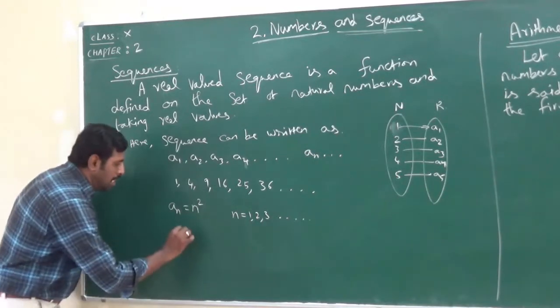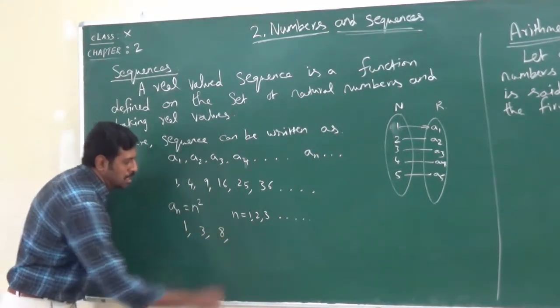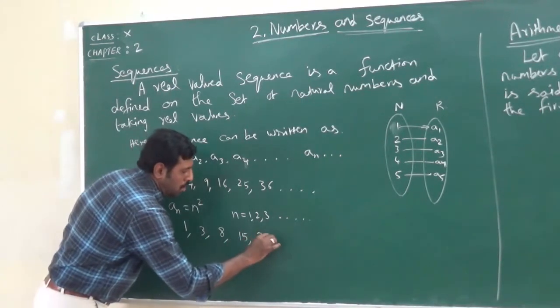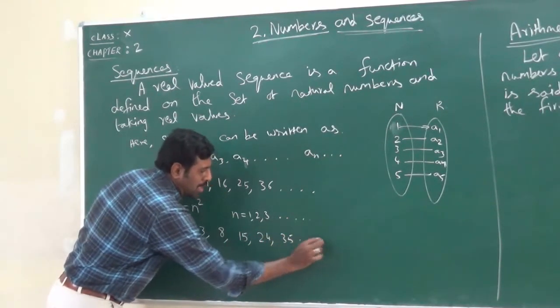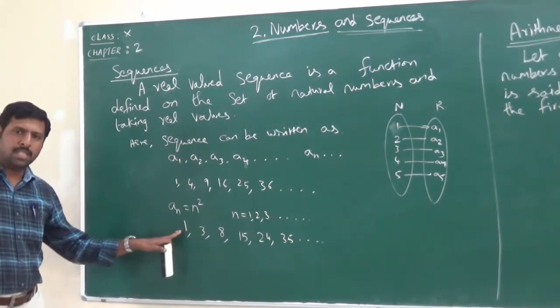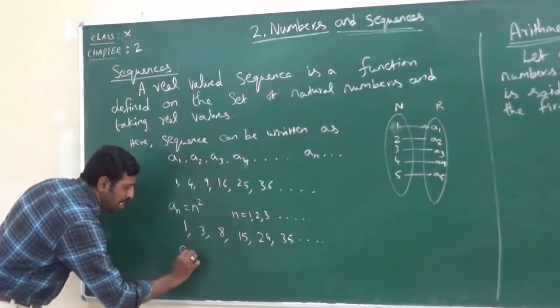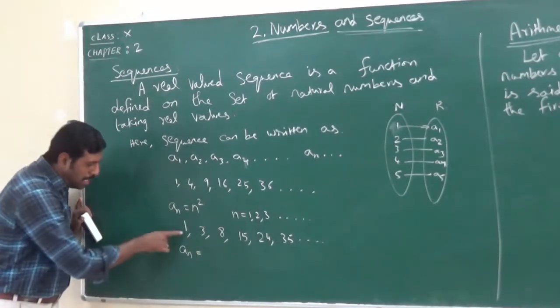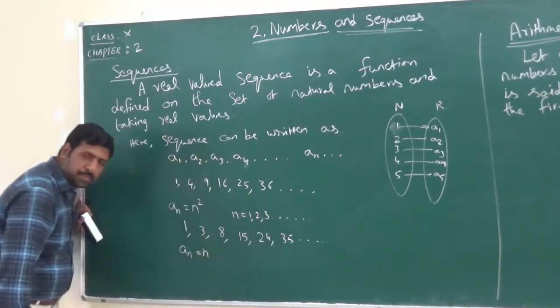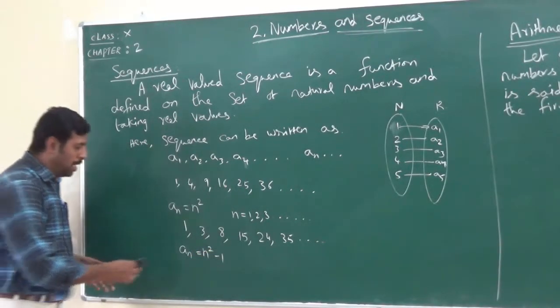Then we have taken another sequence: 1, 3, 8, 15, 24, 35. It goes on like this. This is also a sequence. The nth term of the sequence we mention as an equal to n square minus 1.